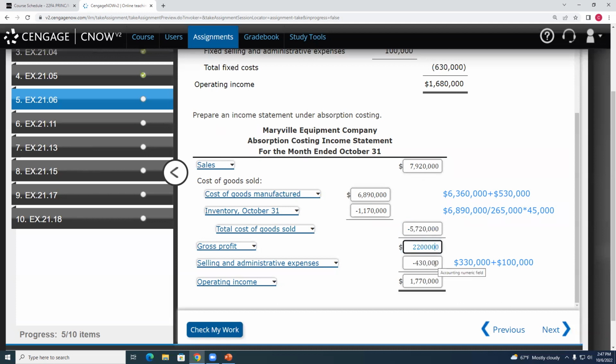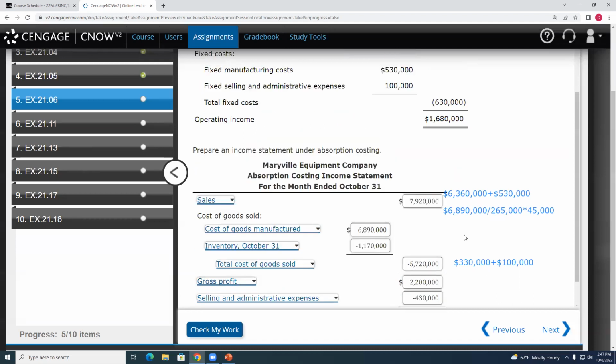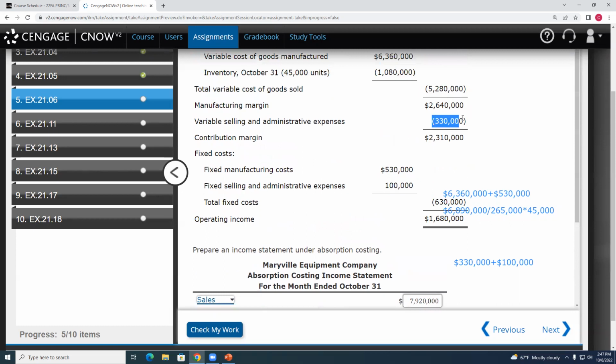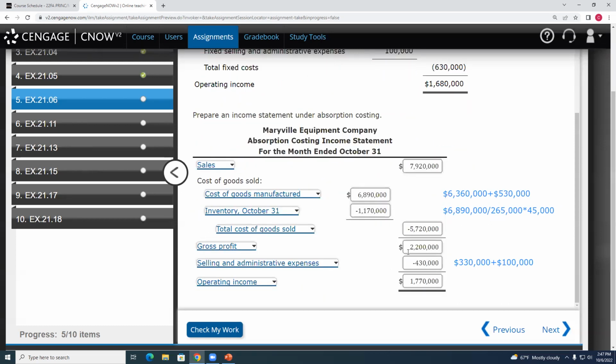Then subtract our selling and administrative expenses, which again, we needed to combine our fixed and variable from here. Total of 430,000, leaving our operating income at 1,770,000.